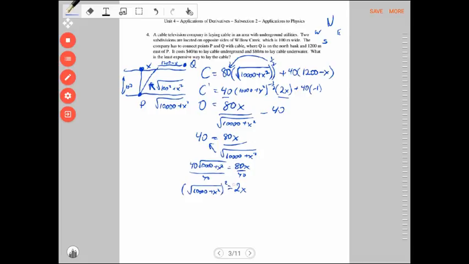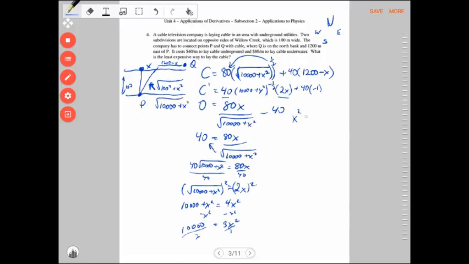Now we square both sides. The square and the square root cancel, giving 4x squared. Then minus x squared on both sides, so you get 3x squared equals 10,000. Divided by 3, divided by 3, so x squared is 10,000 over 3.